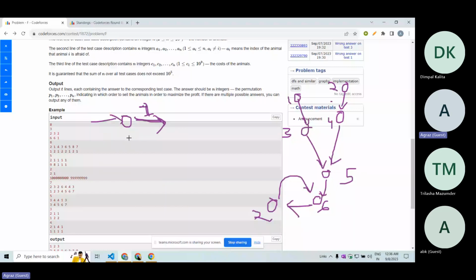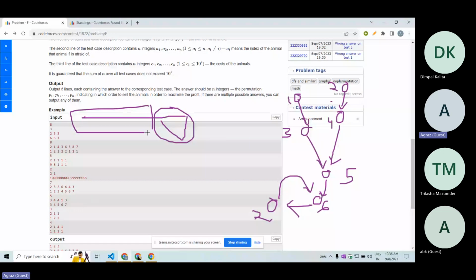This type of directed graph has a special property: after some iterations, it will always contain a cyclic part. This one is an acyclic part, and this is a cyclic part.